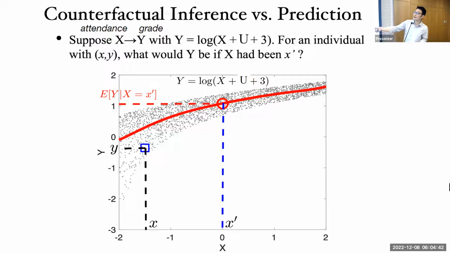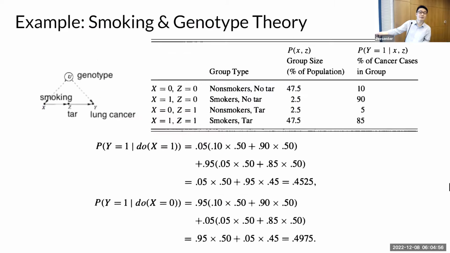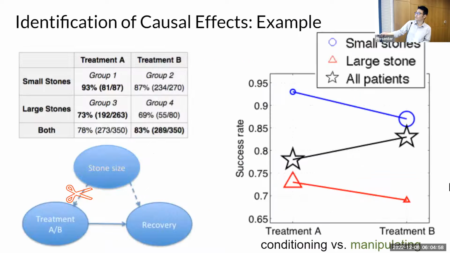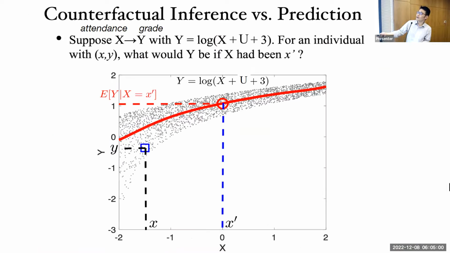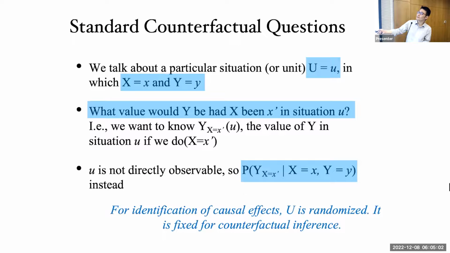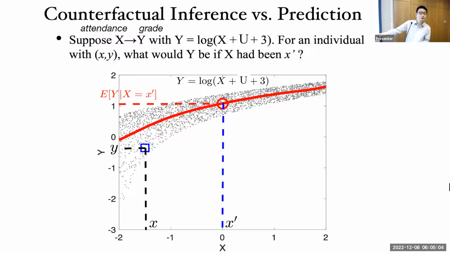Now, suppose I'm here. For me, my attendance is little x, and my final grade is y. This is the data point corresponding to me. Now, for me, what would happen? What would Y be if X had been X prime? So here, the question is as follows.